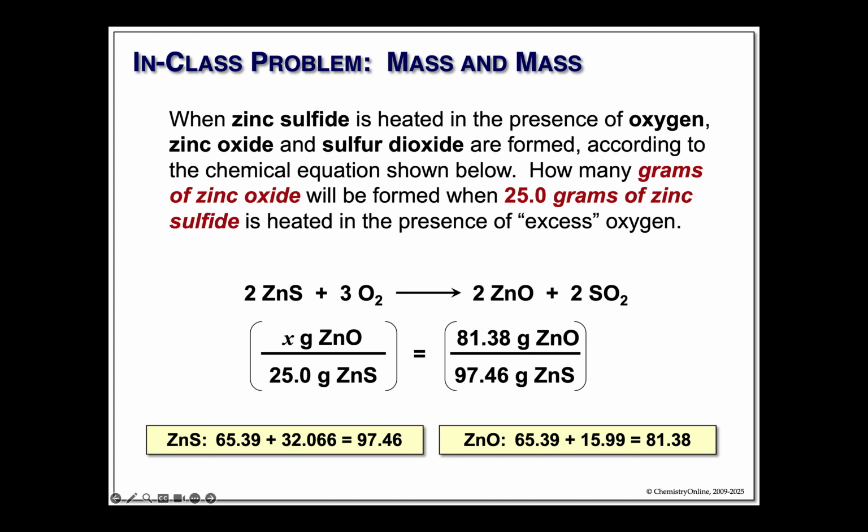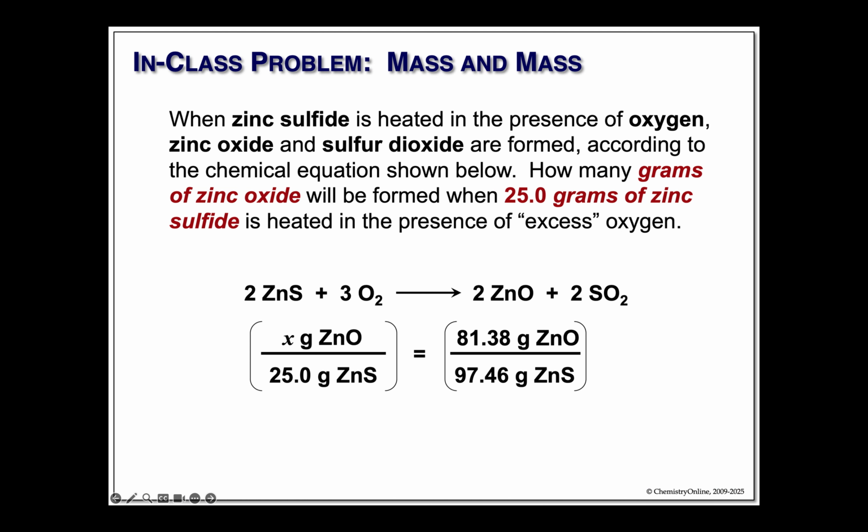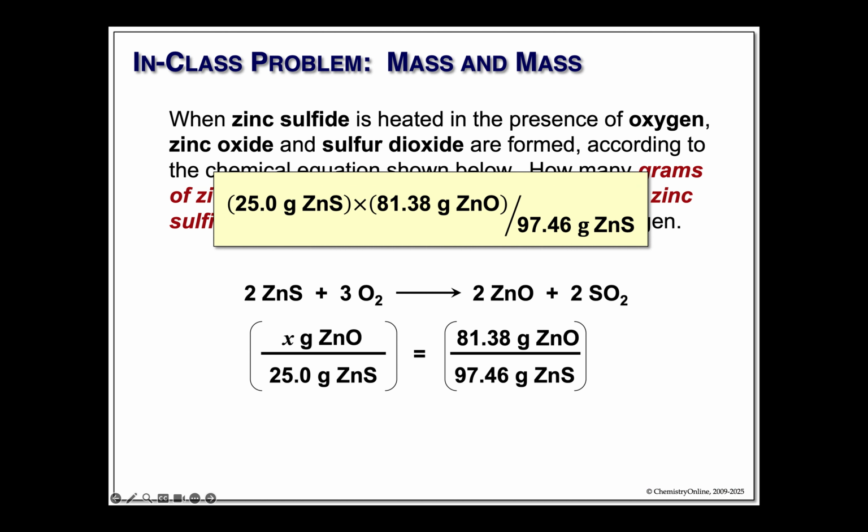Okay, now it's easier. Going to be 25 times 81 divided by 97. Zinc sulfide will cancel. And we're left with 20.9 grams of zinc oxide.